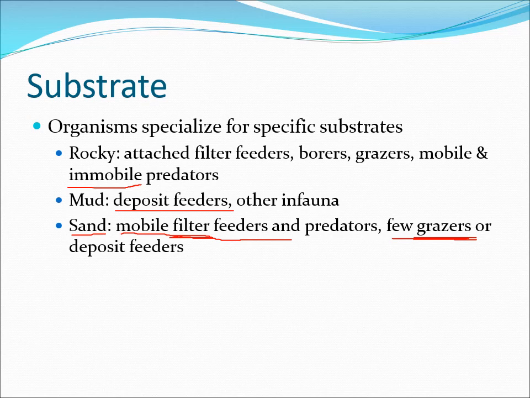And as I already told you, it is the substrate that gives the information about all other ecological conditions of the environment of an organism. It is the substrate which can be directly observed along with the fossils.